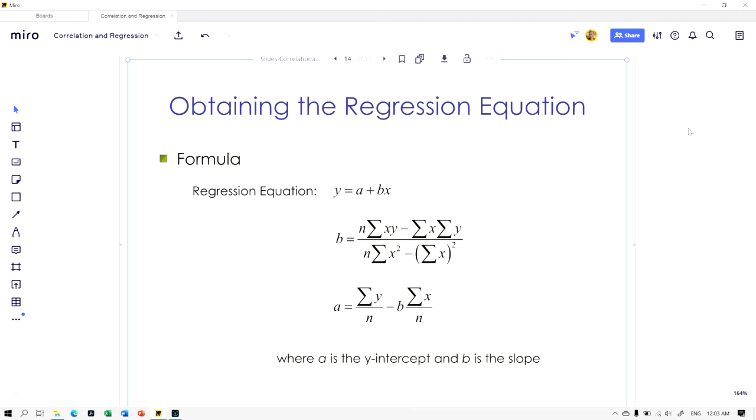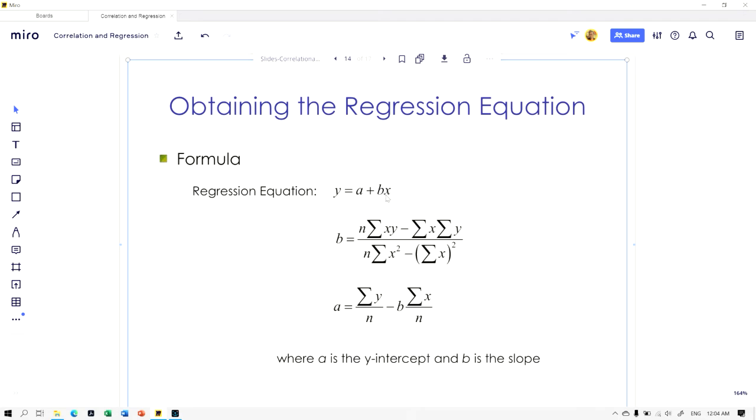The formula that we use to obtain the regression equation when the equation is given by y equals a plus bx, and from the previous slide we know that a is the y-intercept because this is the value that intersects the y-axis, and b is the slope, which is denoted by the symbol b.